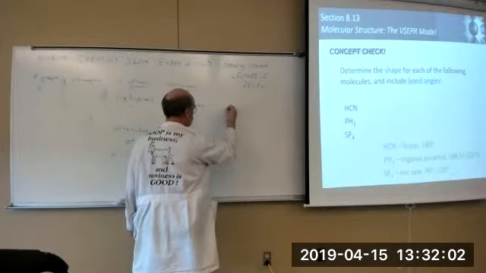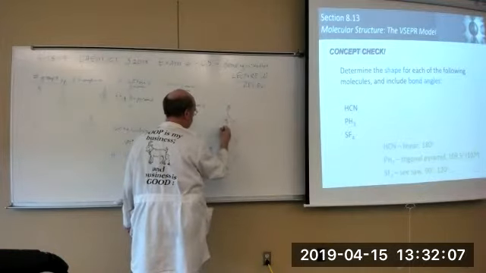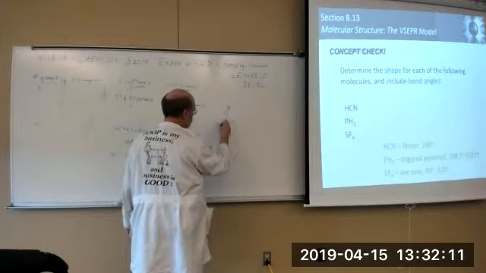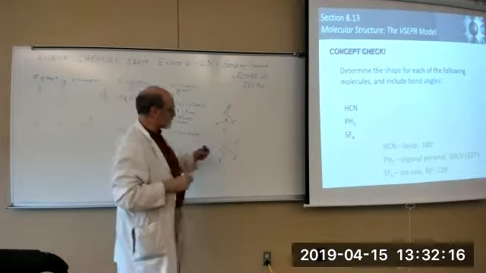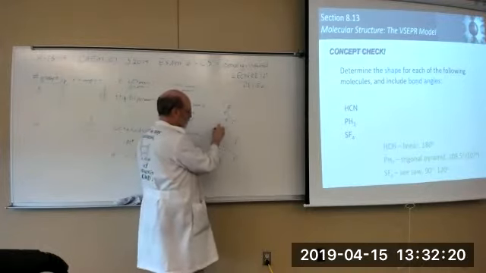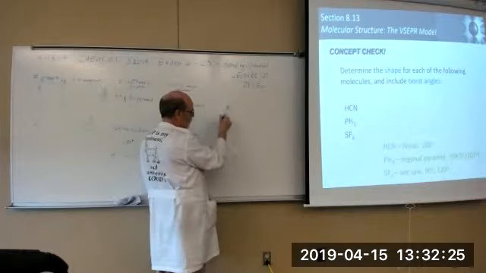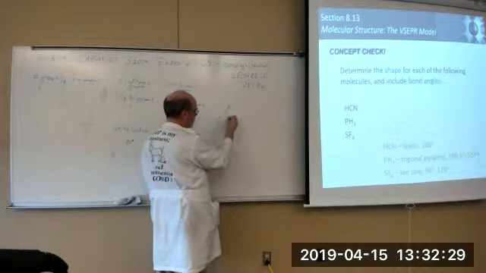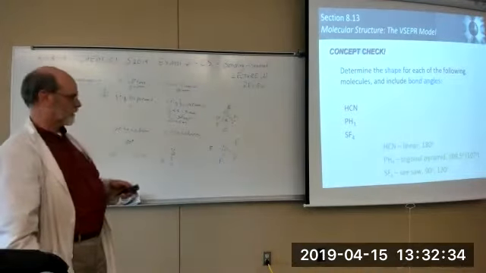Then we have a fluorine up here. Fluorine. And we have a fluorine down here, and fluorine here. So that gives you your seesaw. So what are the angles on a seesaw? Well, you've got 180 degrees here. On the triangle, you've got 120 degrees. This is 180. Those are the only two.